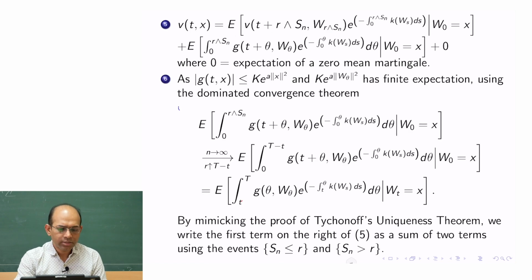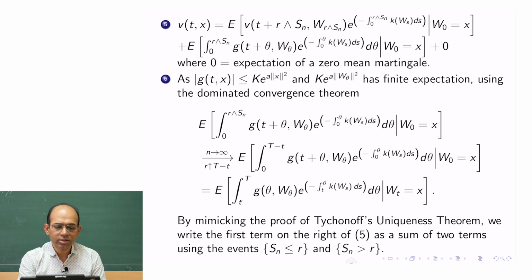Next we use the growth property, that g is less than or equal to k times e to the power a norm x squared. If we replace x by the Brownian motion w theta, then that random variable has finite expectation.